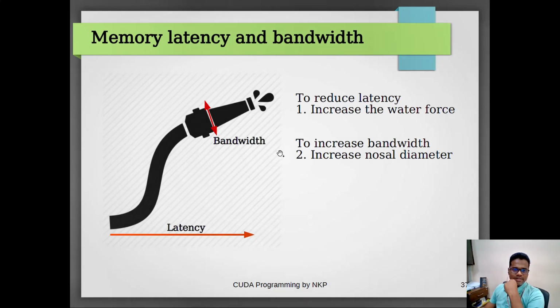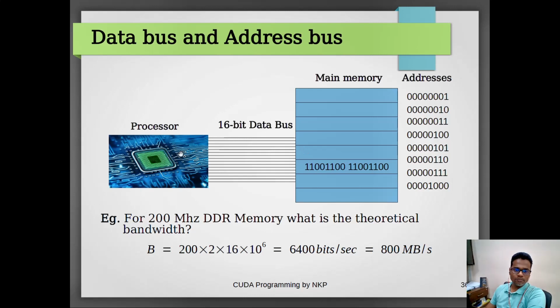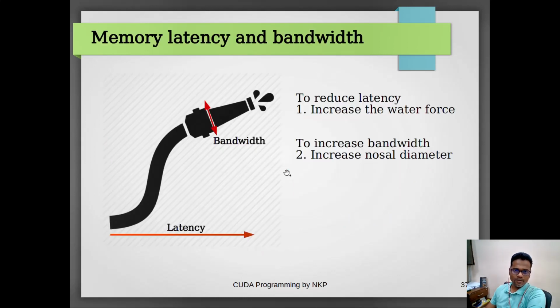Now, another way to think about latency and bandwidth is that typically we want to reduce the latency. Latency means the amount of time required to transfer data from main memory to the processor, and the bandwidth indicates the volume of data we can transfer from main memory to the processor and vice versa, right?